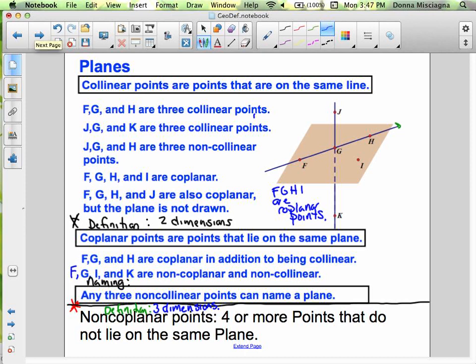And actually, you can include this one diagram for 2 definitions. So you can draw the picture once, and you can take over the space in the diagram section for non-coplanar points. So that will be our diagram for both coplanar and non-coplanar.